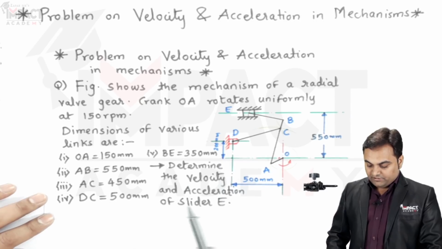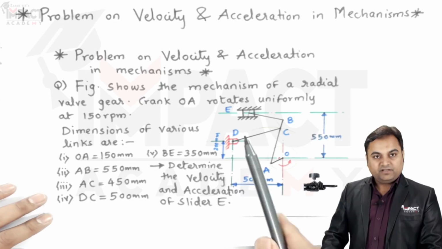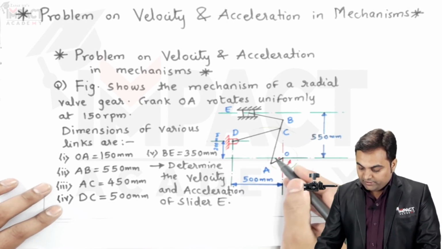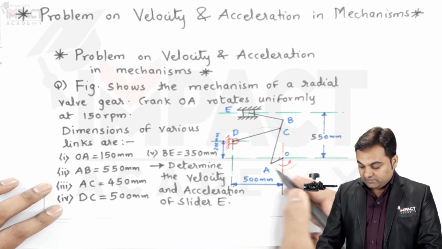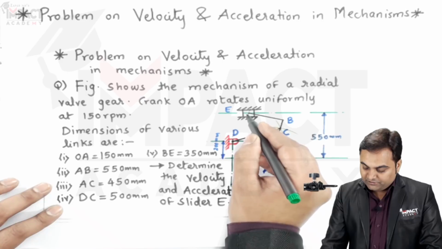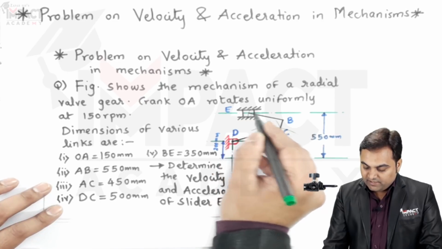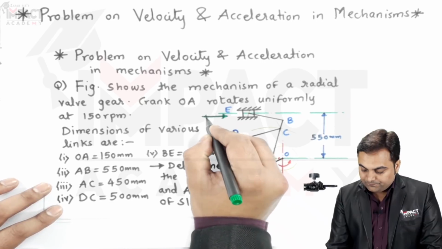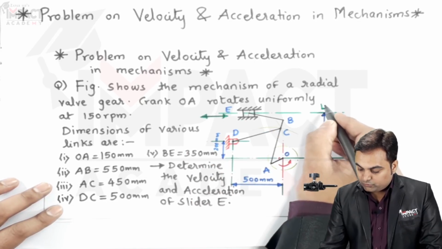Here we have to determine the velocity and acceleration of slider E. So in short we can say that when this crank OA would be rotating, that is the crank is the driving member, finally the motion would be transmitted to this slider, which is slider E, and it would be reciprocating. It would reciprocate along this line of stroke.